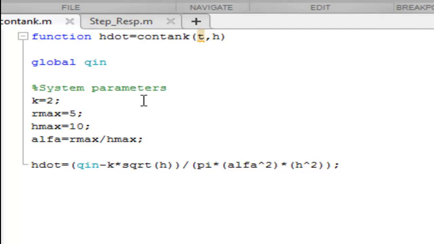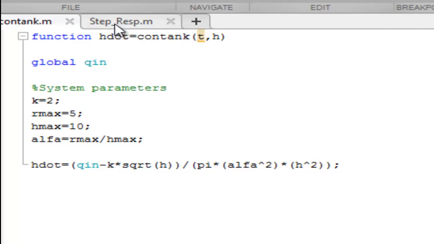As per the problem statement, we have the system parameters k is 2, r max is 5, h max is 10, so you can find what alpha is. This is the ODE equation: h dot is qin minus k square root of h divided by pi alpha square h square. So the system equation is written as a function here.